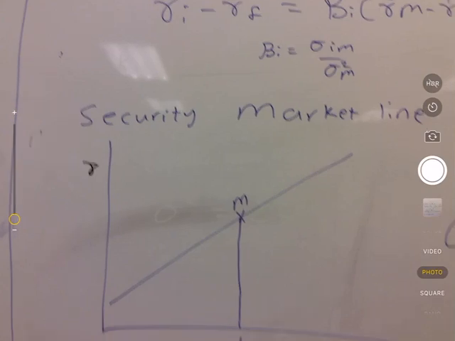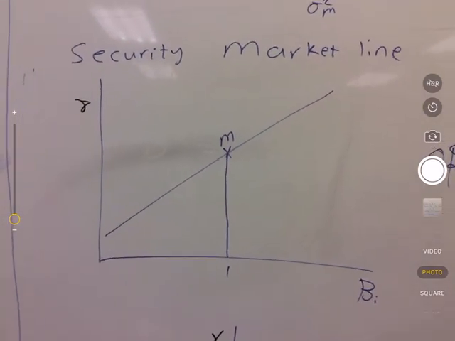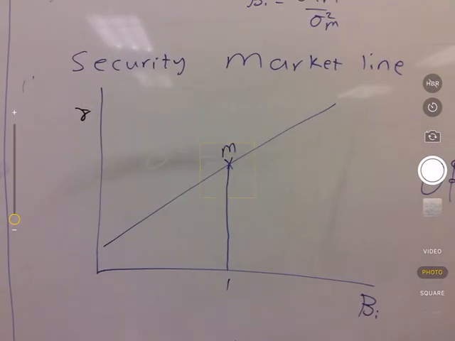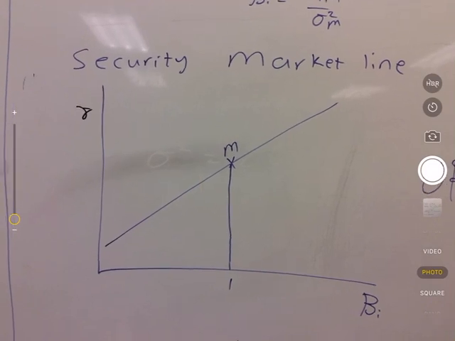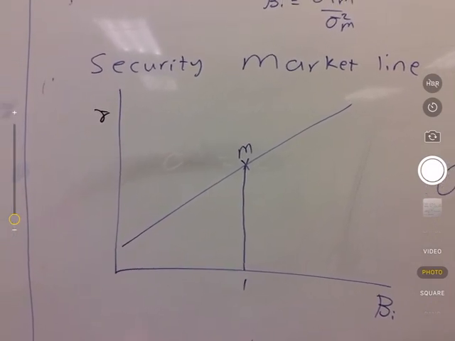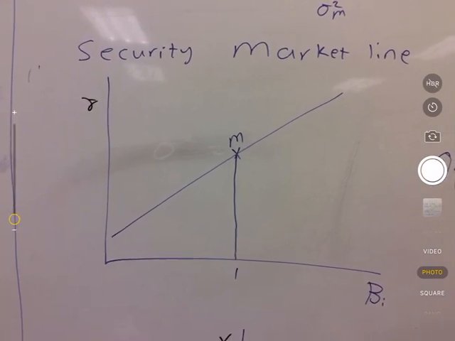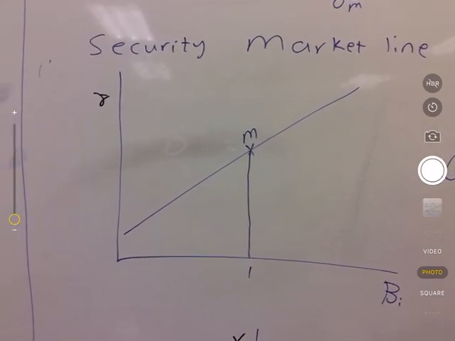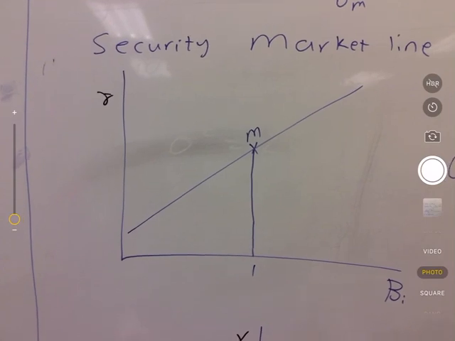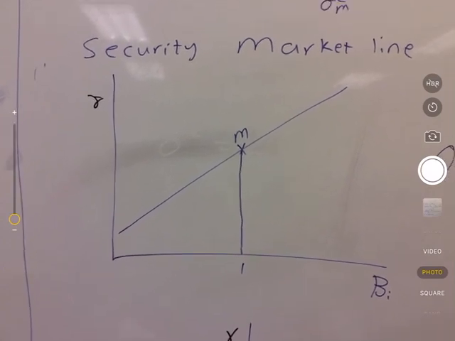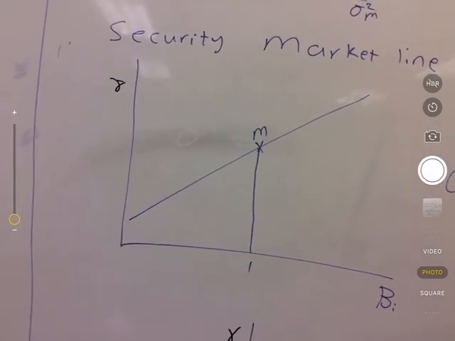So I can tell you that the security market line tells you the relationship that asset I will have with beta, right? There are two types of security market line.